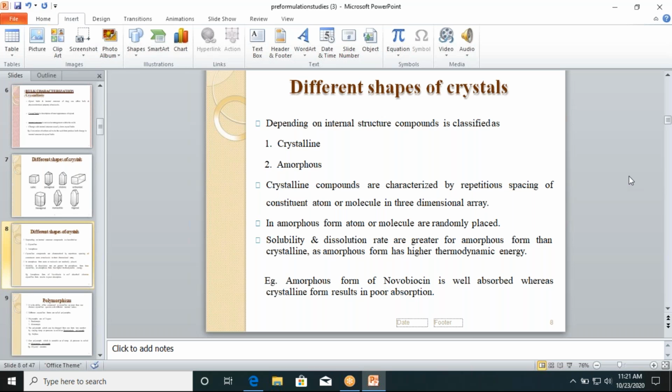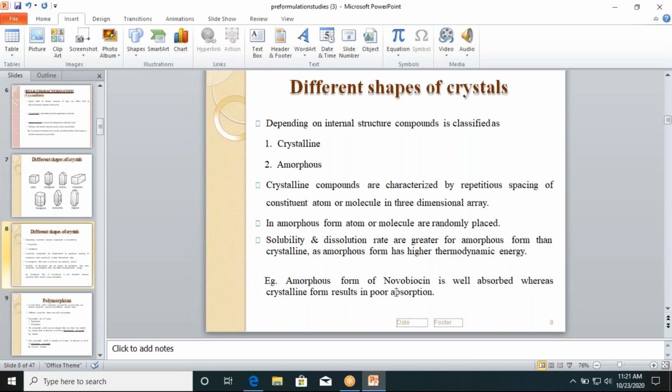The solubility and the dissolution rate will always be greater for the amorphous form than for the crystalline form. Why? Because the amorphous form has a higher thermodynamic energy. You should know this, as they may ask it. An example is the amorphous form of novobiocin, an antibiotic, which is well absorbed, whereas the crystalline form results in poor absorption.